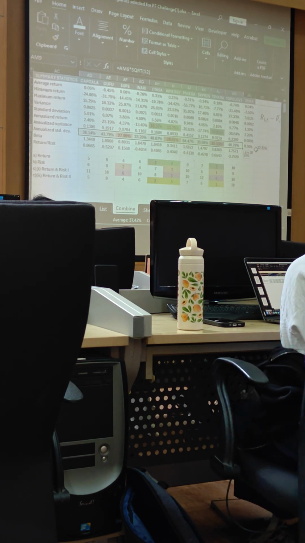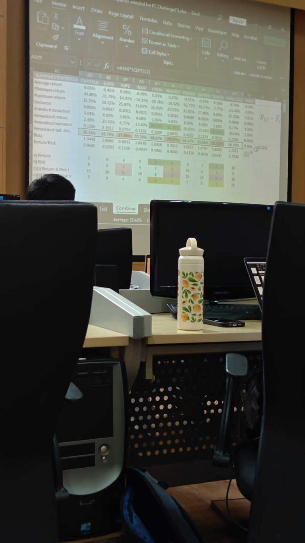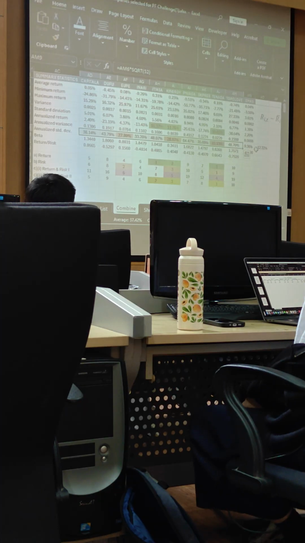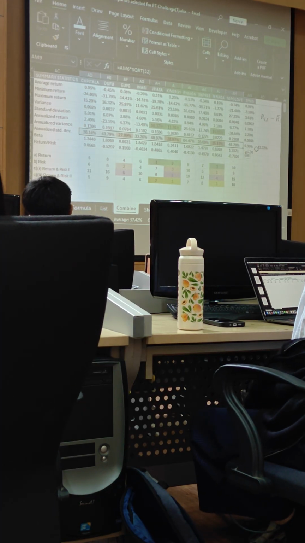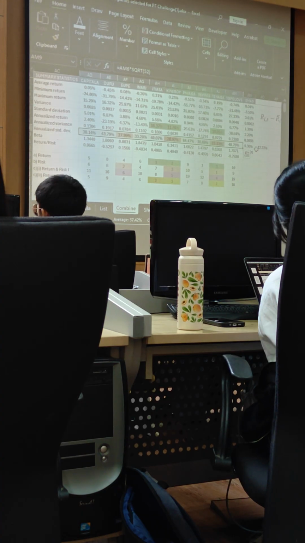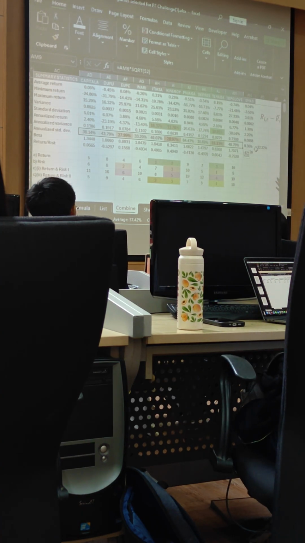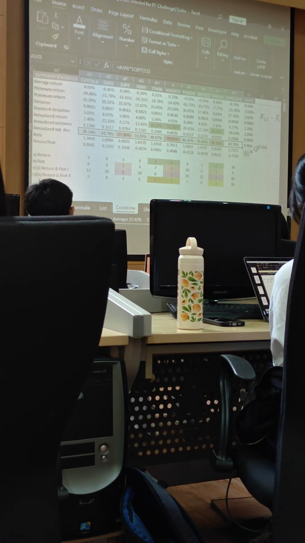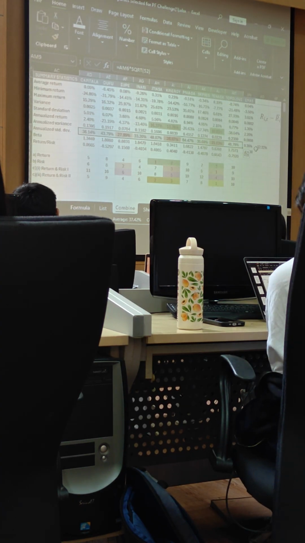Sebab tu bila orang kaya-kaya sana, what they do? They invest in bond is good enough. What they do, they invest in treasury bills. So contoh Malaysia as a country, bila US ubah dia punya kadar bunga, interest rate, the US change their interest rate, their T-bill rate.